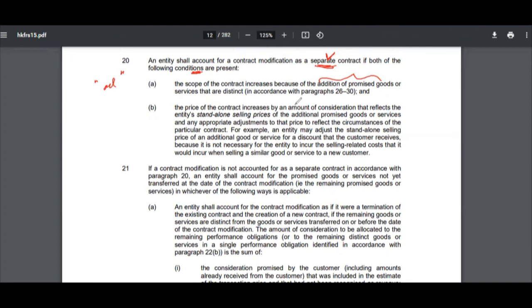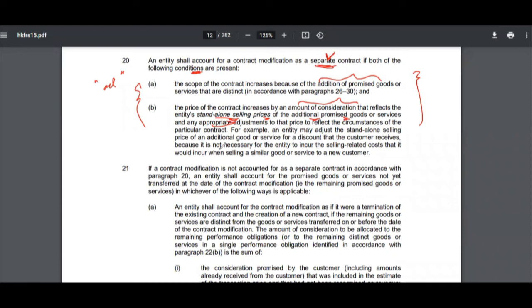And the price of the contract increases by the amount of consideration that reflects the entity's standalone selling prices of the additional promised goods or services, and some other appropriate adjustments, right? You can read these paragraphs on your own to understand how you would account for a contract modification as a separate contract.